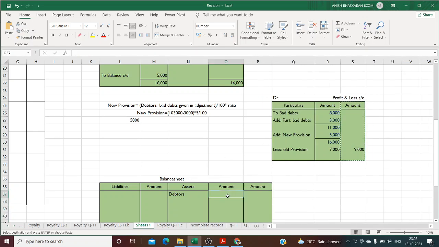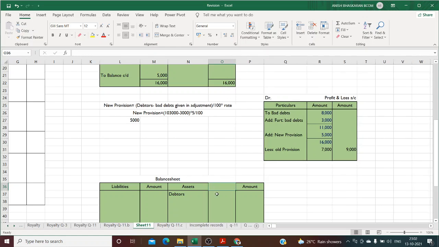Debtors inner column. So debtors amount 1,03,000.